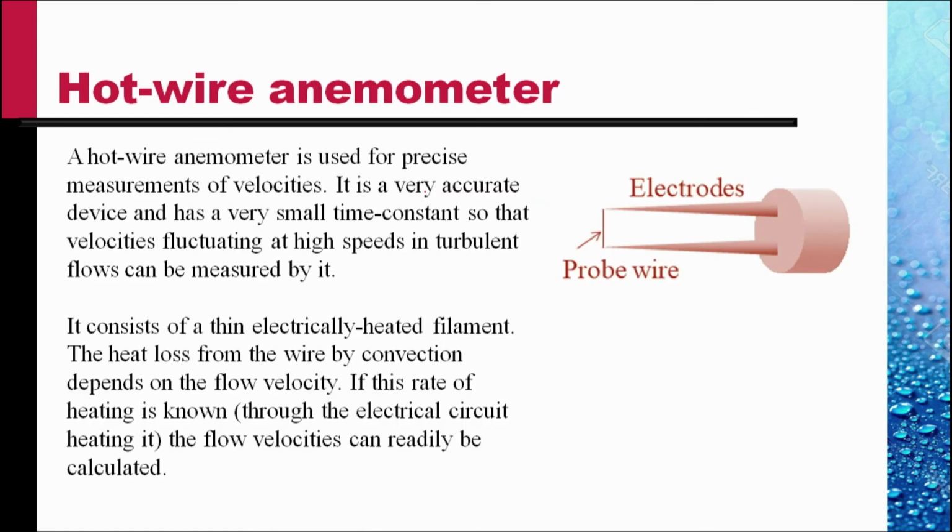Another very accurate device for flow measurement is a hot wire anemometer. It has a very small time constant, so that velocities fluctuating at high speeds in turbulent flows can be measured by it. It consists of a thin electrically heated filament. The heat loss from the wire by convection depends upon the flow velocity. If the rate of heating is lowered through the electrical circuit heating it, the flow velocities can readily be calculated.